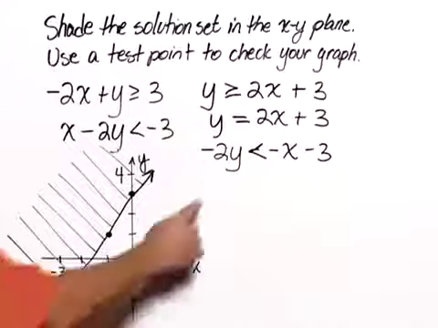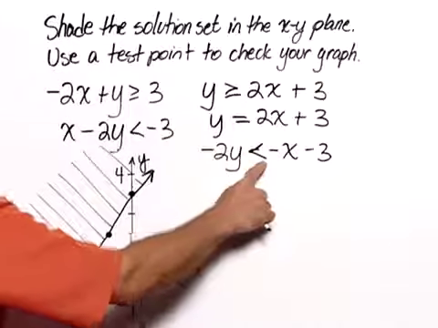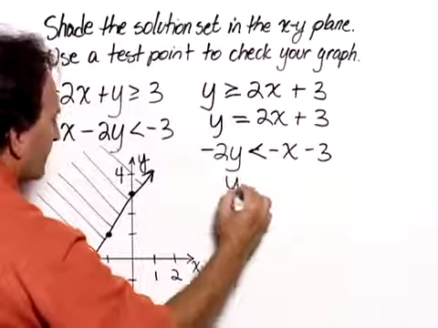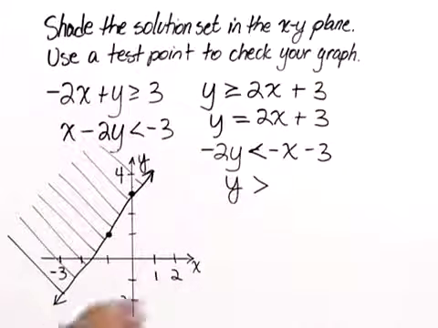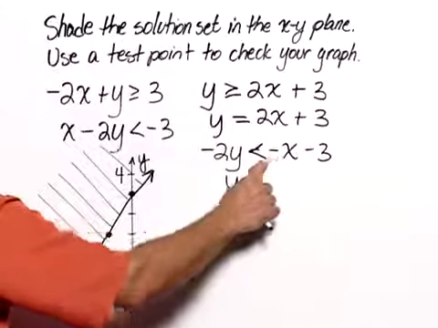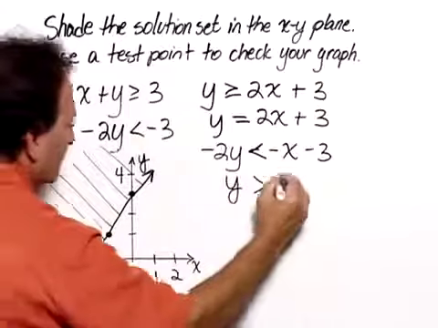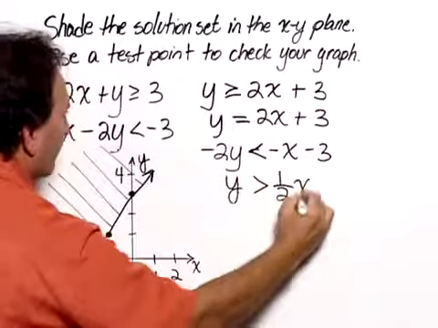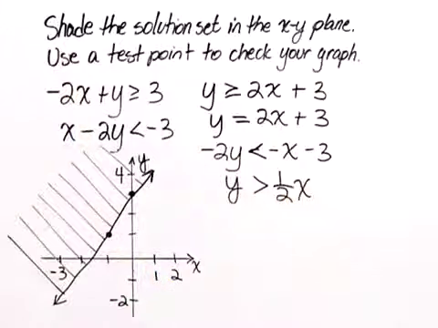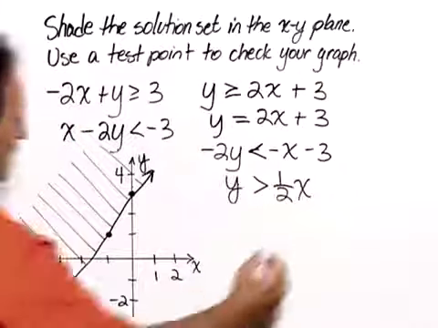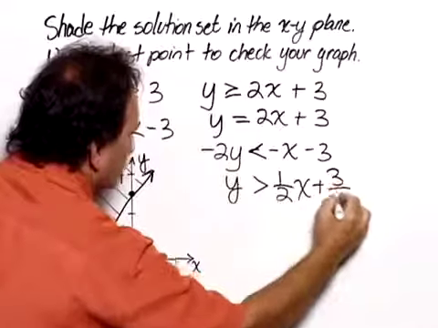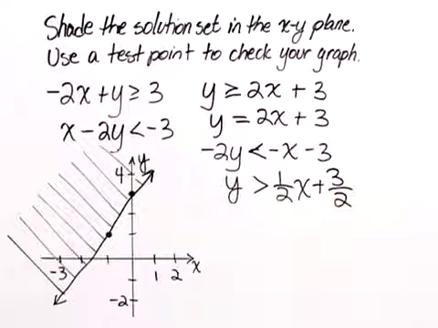Recall, though, that when we divide by a negative, we need to reverse the direction of the symbol, so this becomes y is greater than. We have negative divided by negative, so it's positive 1/2 x. We have negative 3 divided by negative 2, so that's also positive, but it's positive 3/2.